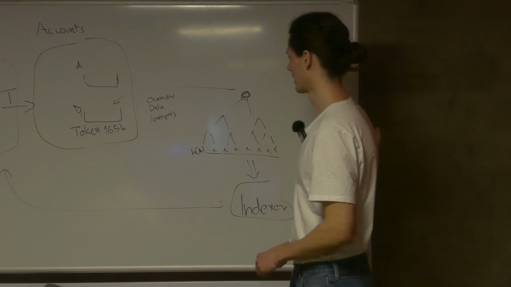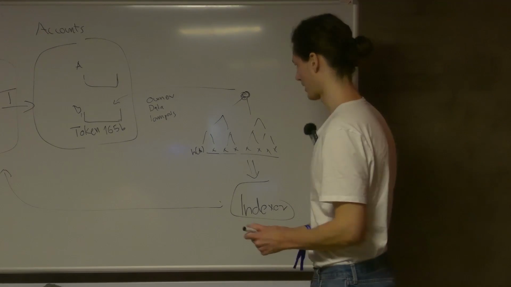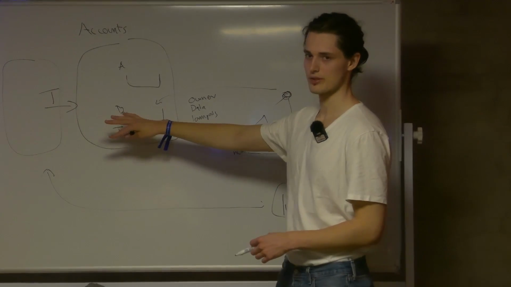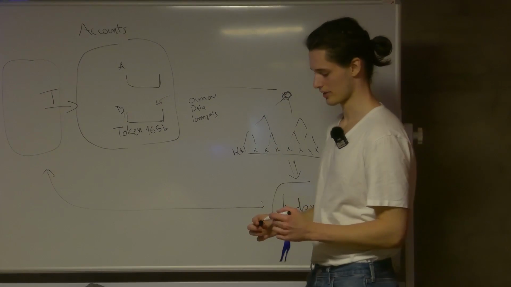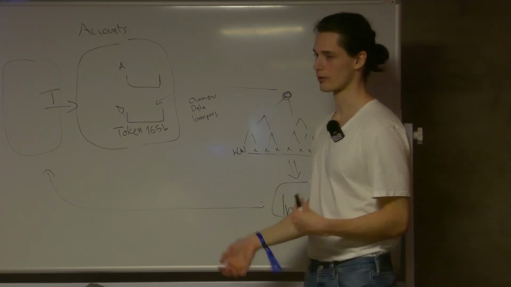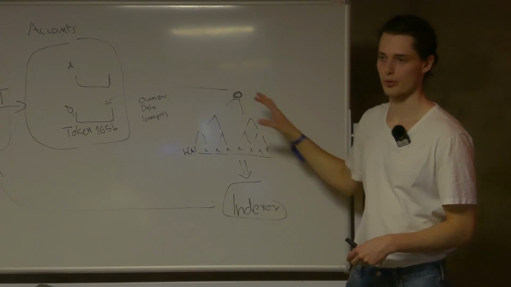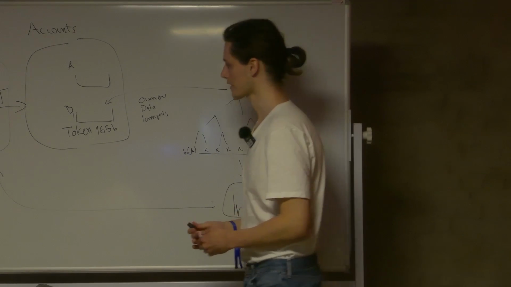So basically, what happens is that besides this process of the user interaction, there's actually a second process. And this second process we call foresting, mainly because it deals with this forest of many different Merkle trees.